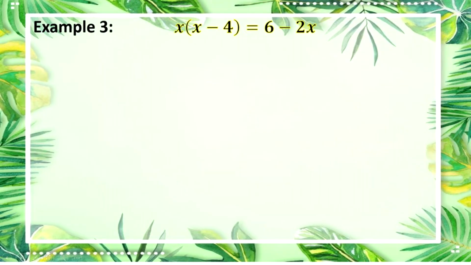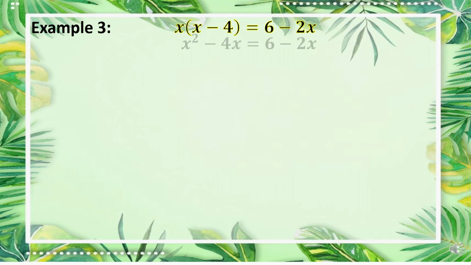For the third example, let's have x times x minus 4 is equal to 6 minus 2x. What do we have to do in order to write it into its standard form? Okay, so we have to expand the parentheses and take everything into the left side.